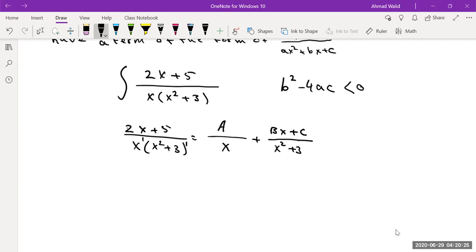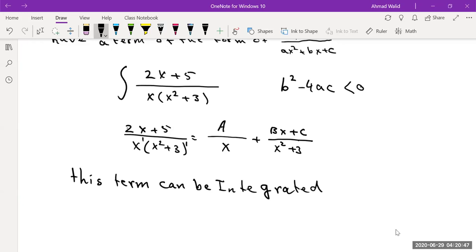One more note, this term, which is Bx plus C over ax squared plus bx plus c, can be integrated by completing the square, if necessary.